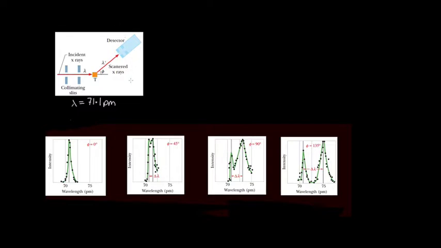Now, what we'd expect from classical mechanics is, if we've got an electromagnetic wave coming in and incident on some atoms, then this electromagnetic wave consists of oscillating electric fields. These oscillating electric fields will interact with the electrons around the atom and cause them to oscillate at a frequency equal to the frequency of the electromagnetic wave.